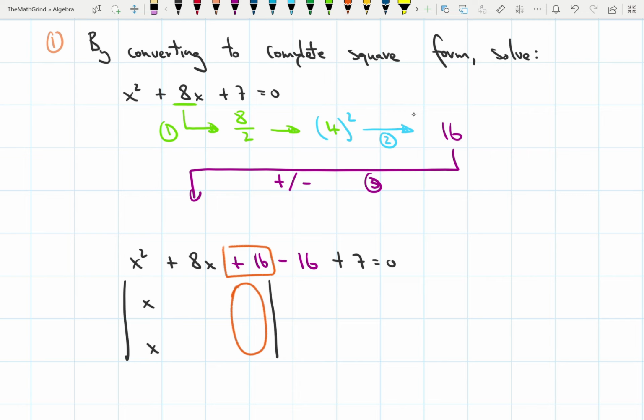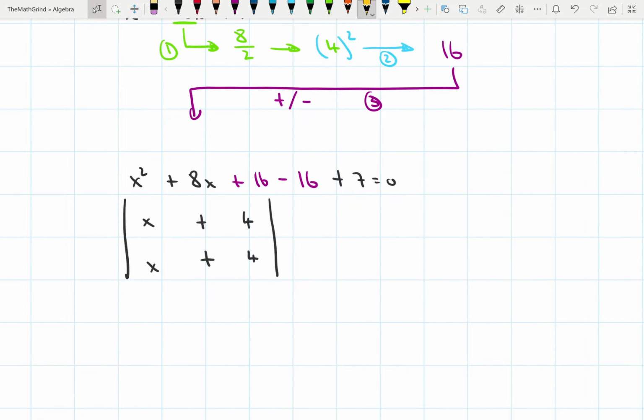So in this case the square root of 16 is 4. So it's going to be 4 and 4, and it's going to be plus and plus. And again, I can do a quick check to make sure that's right. When I cross multiply, 4x plus 4x is equal to 8x, and that's what I have here, so I know it's correct because it's the same as the middle term.